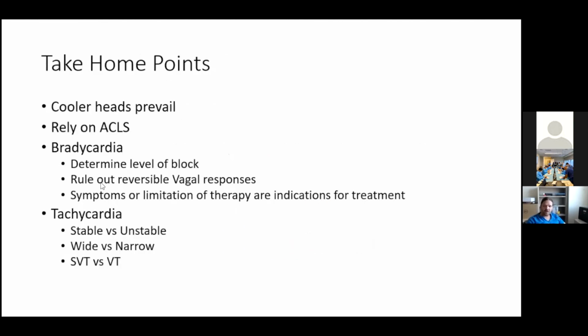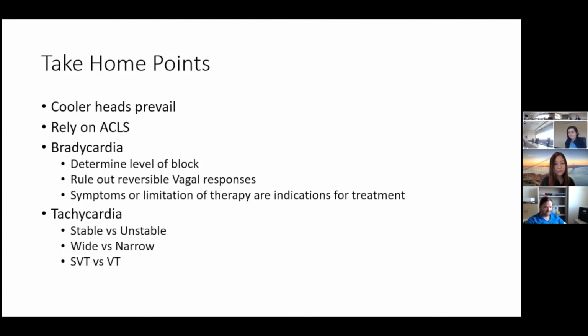So take-home points, basically keep a cool head following the ACLS guidelines. Don't react too quickly to numbers and things. Check the patient out, take a deep breath, and sort out the stability of the patient and how appropriate emergency treatment is. Rely on the ACLS algorithms. For bradycardia, determine your level of block, rule out reversible vagal causes.